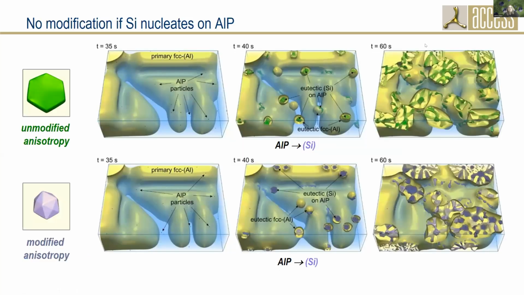However, whenever we had silicon nucleated on the many aluminium phosphide sites, then it was independent of which anisotropy we took. We didn't get modification.